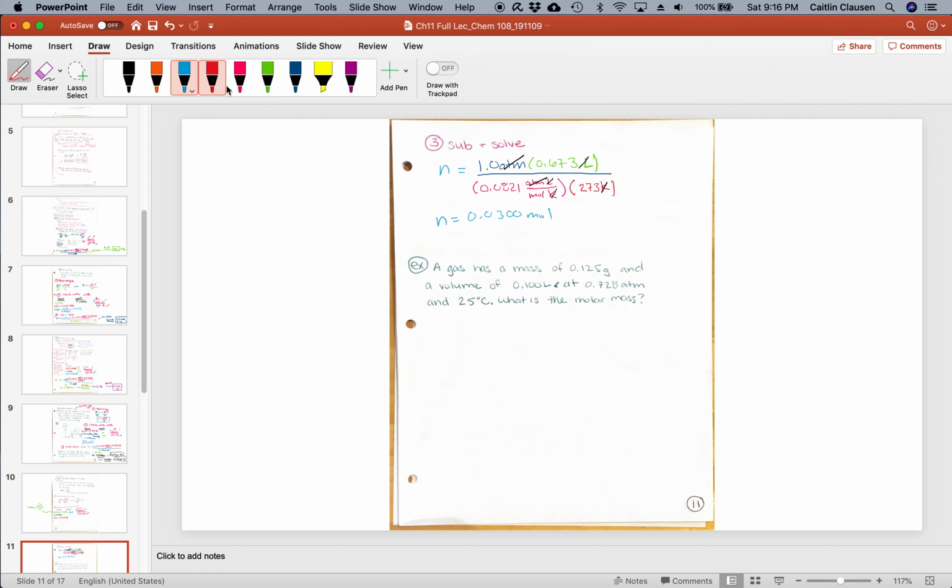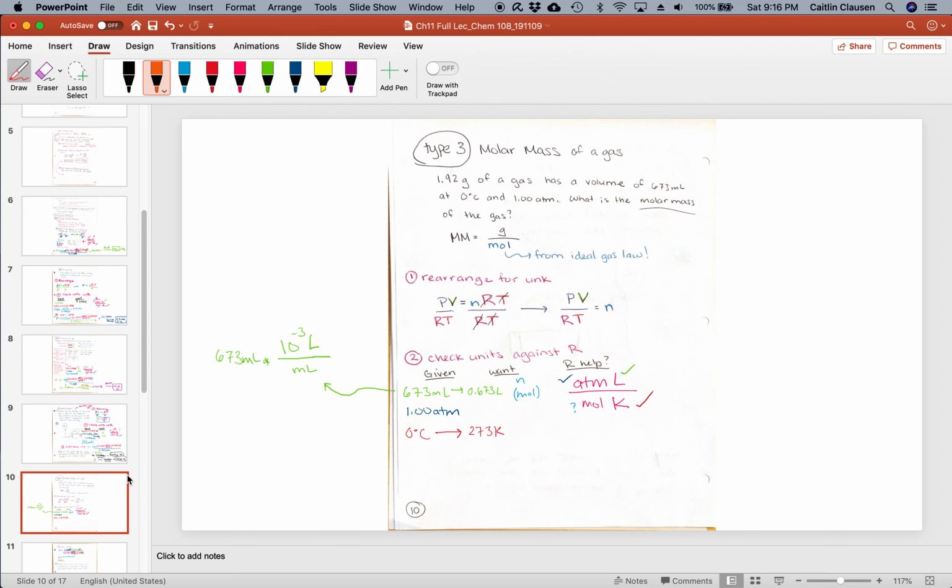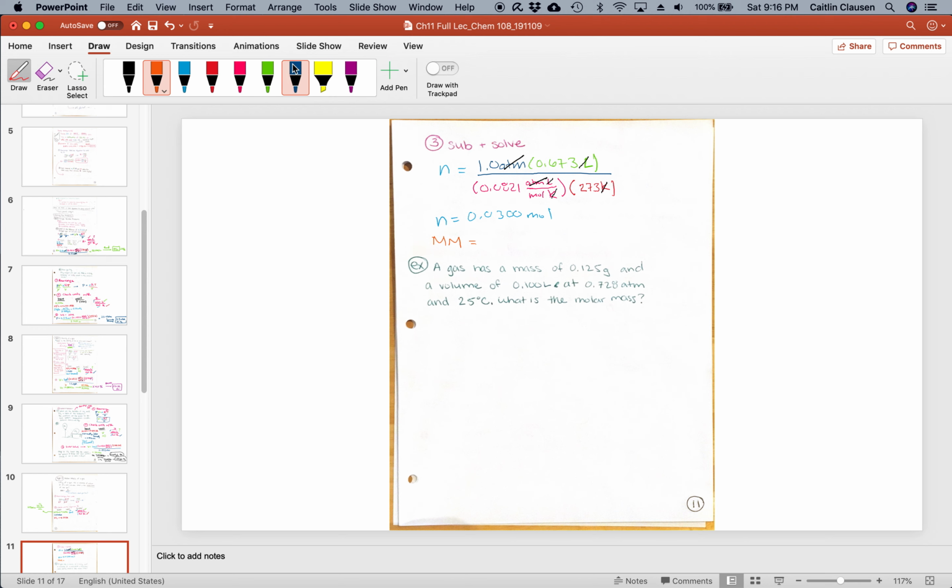Remember, we want the molar mass, and so we use that. We were given 1.92 grams of this gas. I'm going to divide that by the moles that we just calculated.